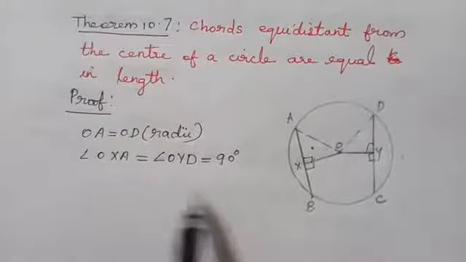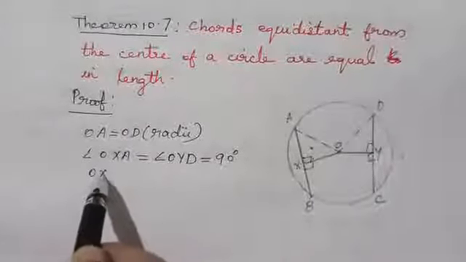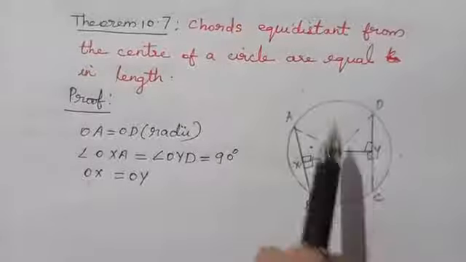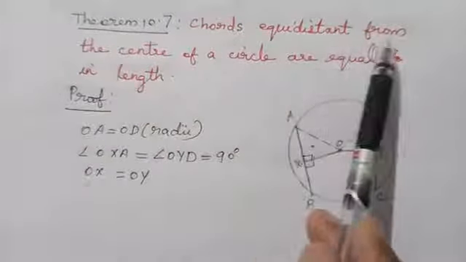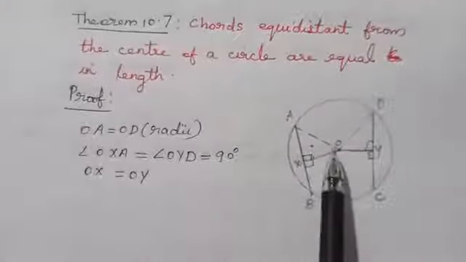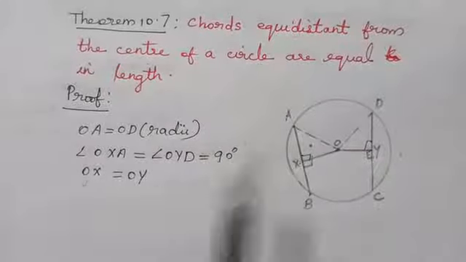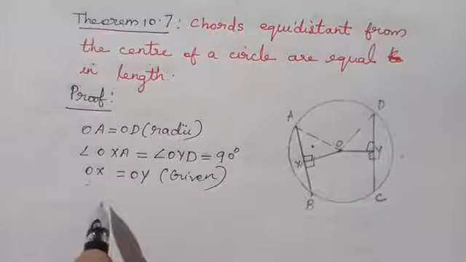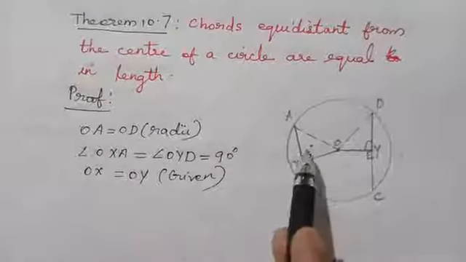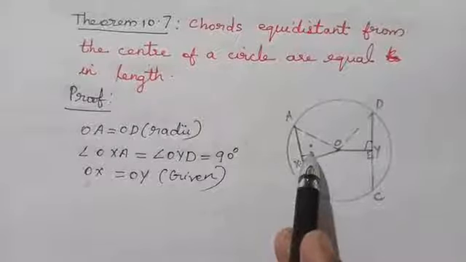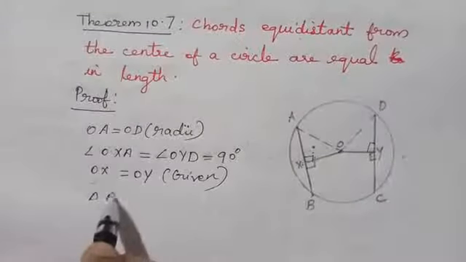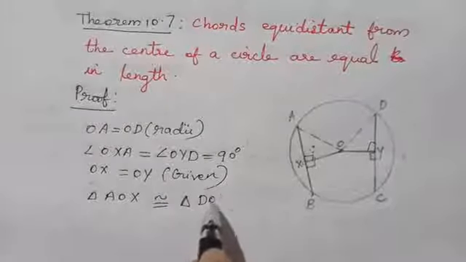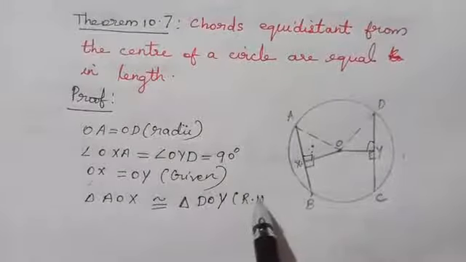That is also given, since the chords are equidistant from the center. So these two triangles are congruent. Triangle AOX is congruent to triangle DOY by the RHS rule.